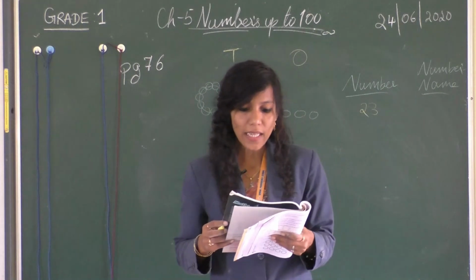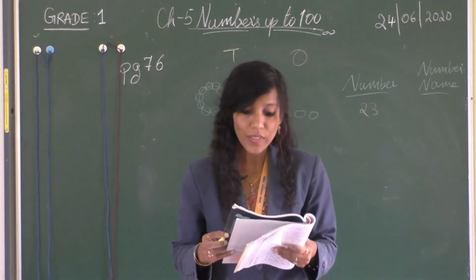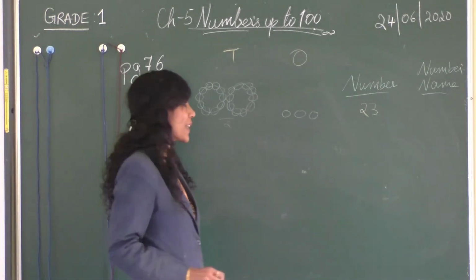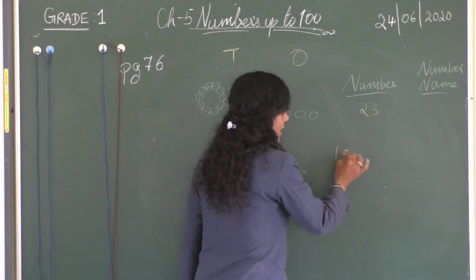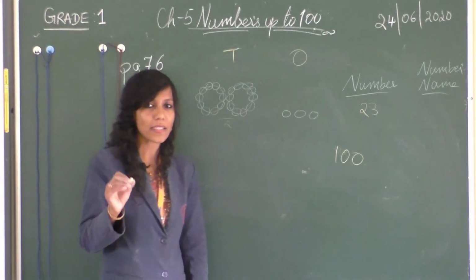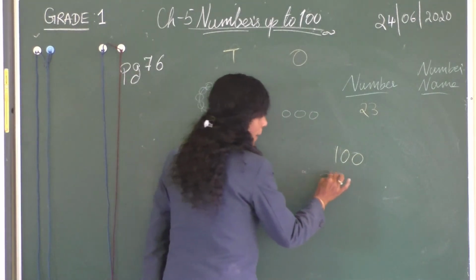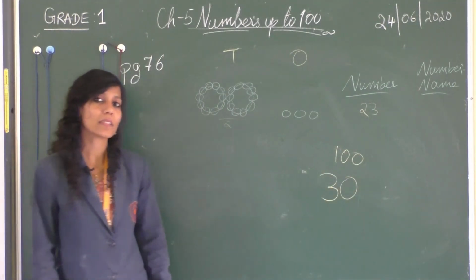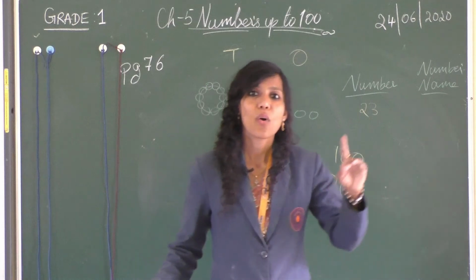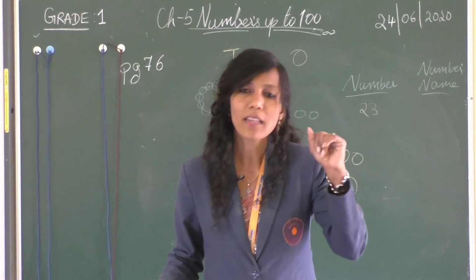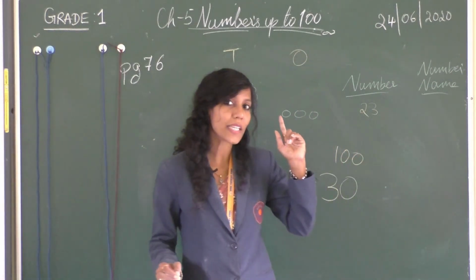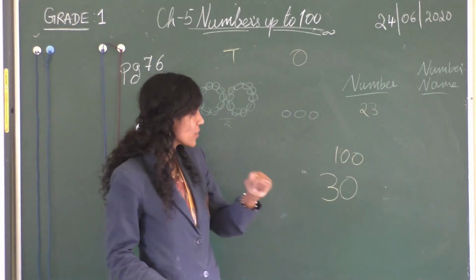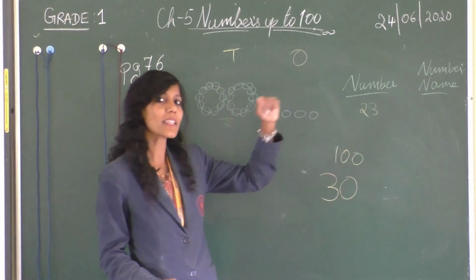Next, highlight the numbers more than 30 with pink. We have learnt the numbers till 100. Now what do they want? More than 30. Any number more than 30. So till 30, which are the numbers? 1, 2, 3, 4, 5, 6, 7, 8, 9, 10. 11, 12, 13, 14, 15, 16, 17, 18, 19, 20. 21, 22, 23, 24, 25, 26, 27, 28, 29, 30.